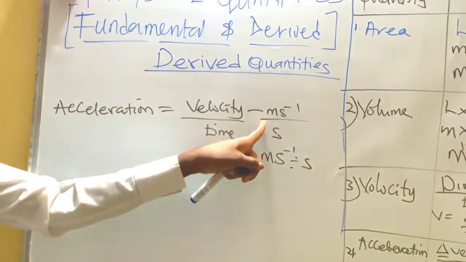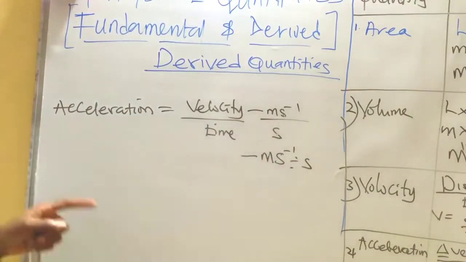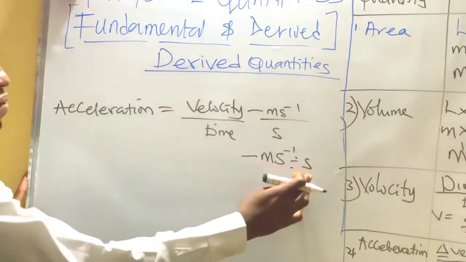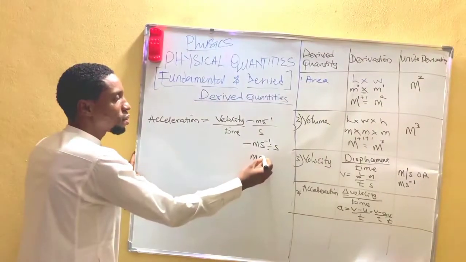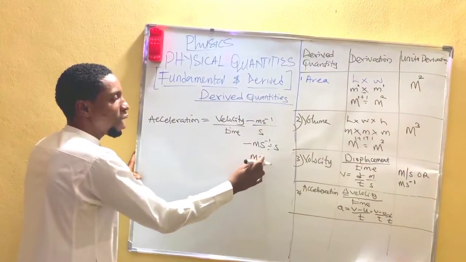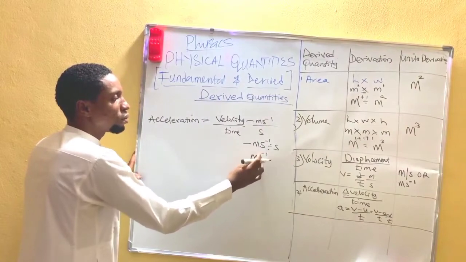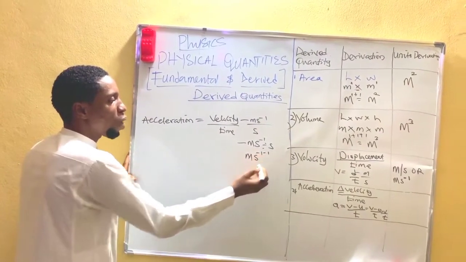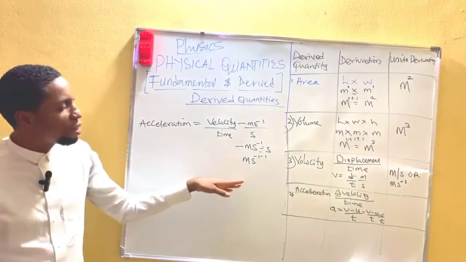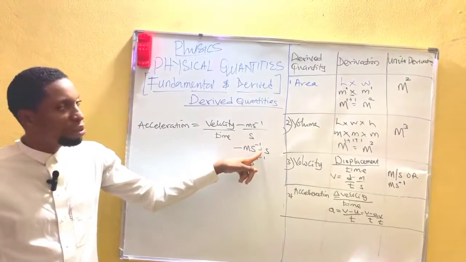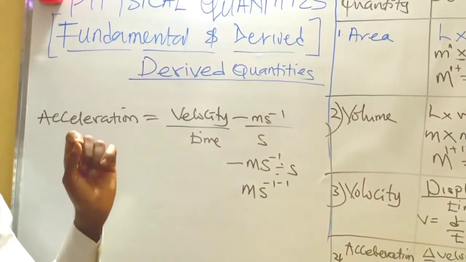So we are now turning this division into this. So you have s here, you have s here, you have m s raised to the power -1 raised to the power minus 1. Why? Because according to indices, division changes towards subtraction.